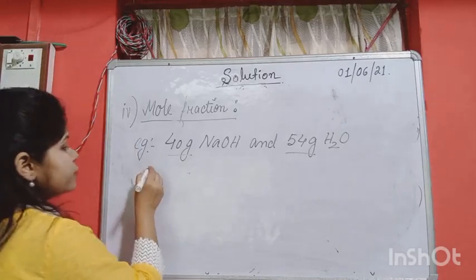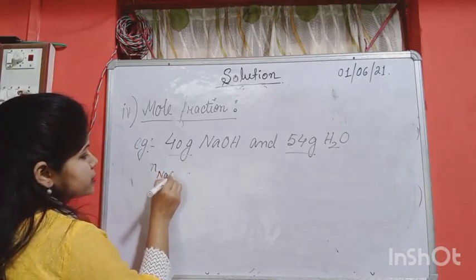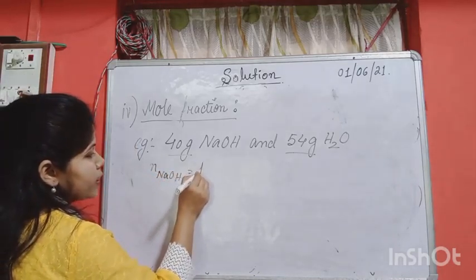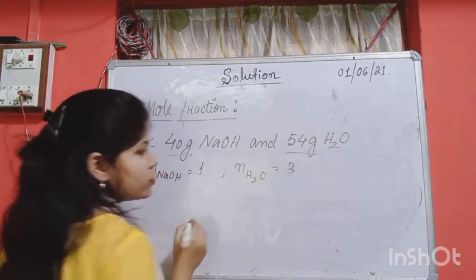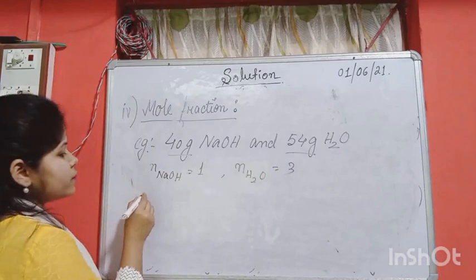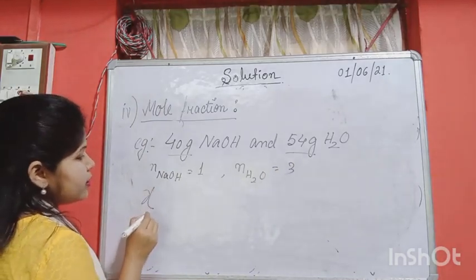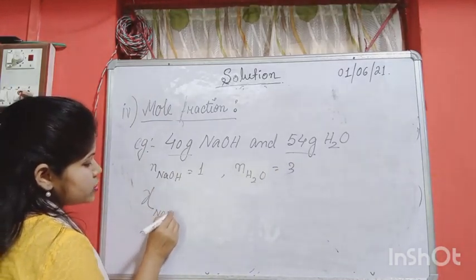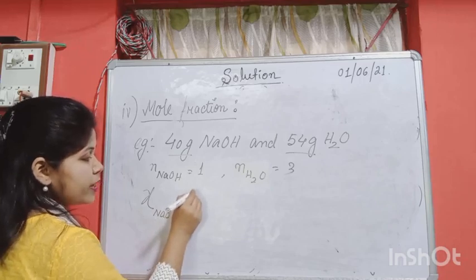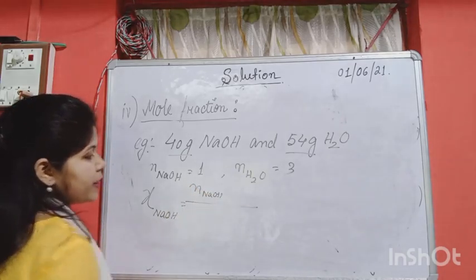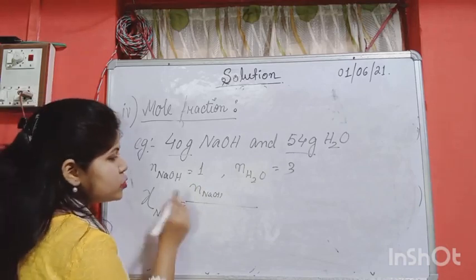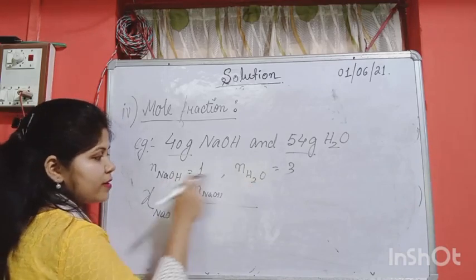So I have got that n of NaOH, the number of moles, is equal to 1, and n of H2O is equal to 3. Now we have to find the mole fraction. So zeta of NaOH is equal to the number of moles of NaOH, that is n of NaOH, divided by the total number of moles, that means water and sodium hydroxide.